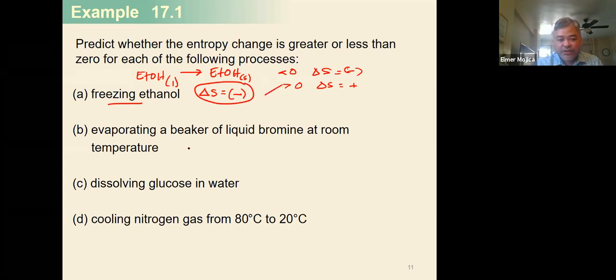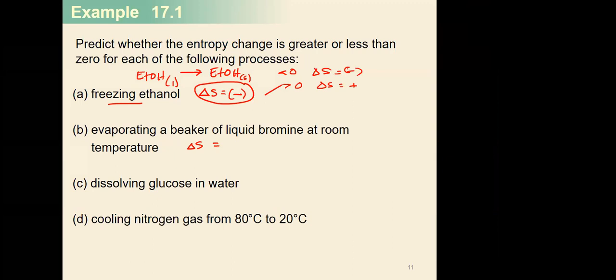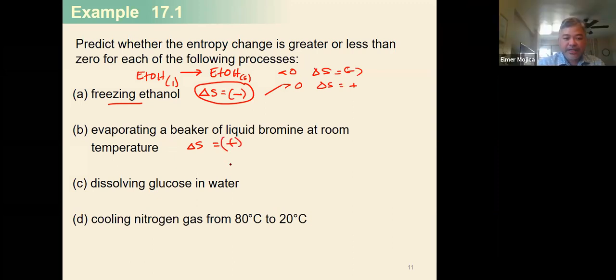Now how about this one? Evaporating a beaker of liquid bromine at room temperature. What would be the answer there? It would be positive. Okay, now how about dissolving glucose in water? What's the delta S there?